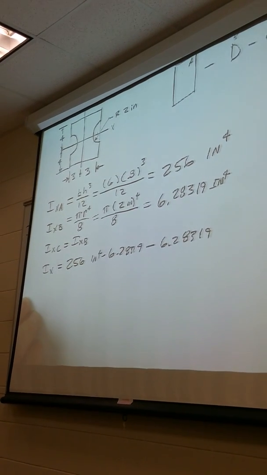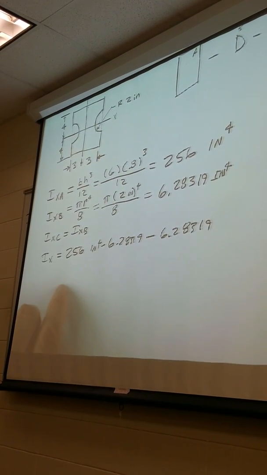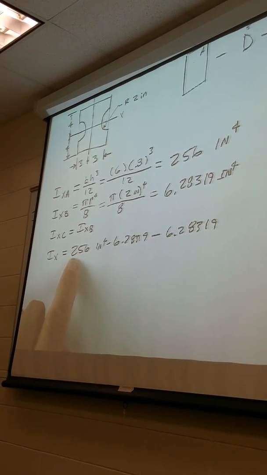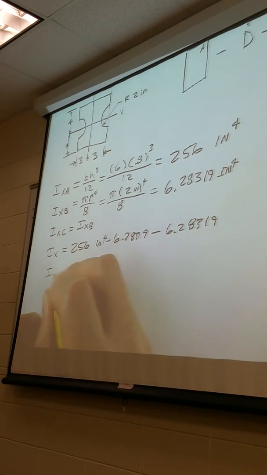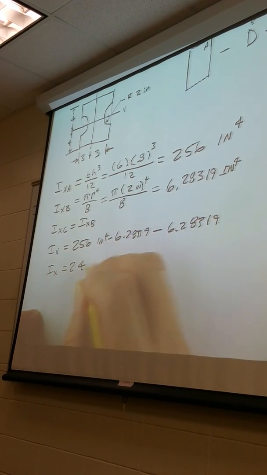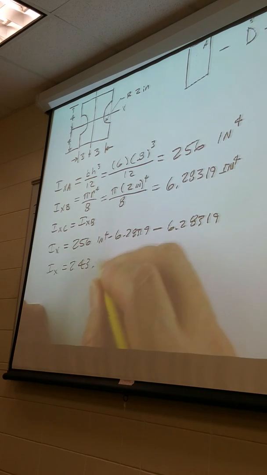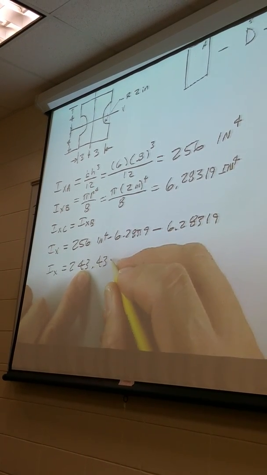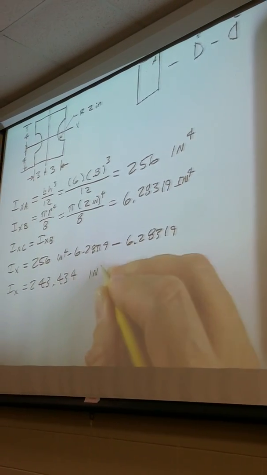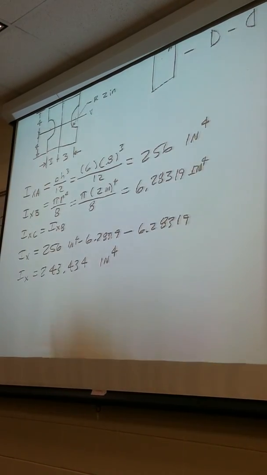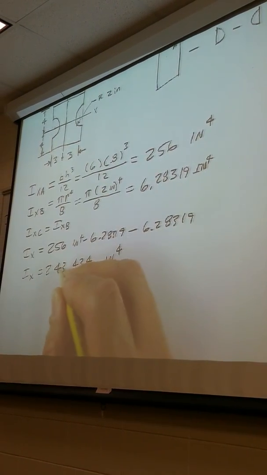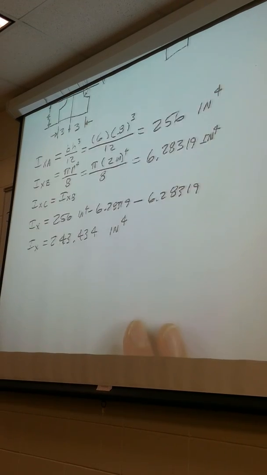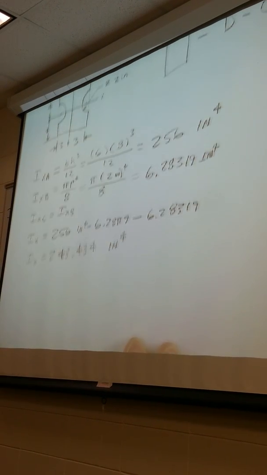Let's see what we get. So IX is 243.434 inches to the fourth.